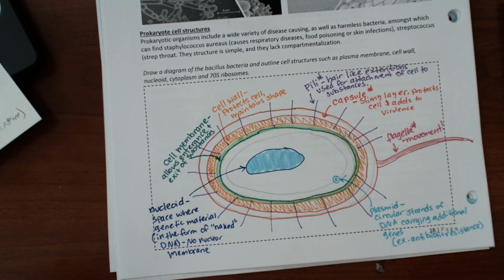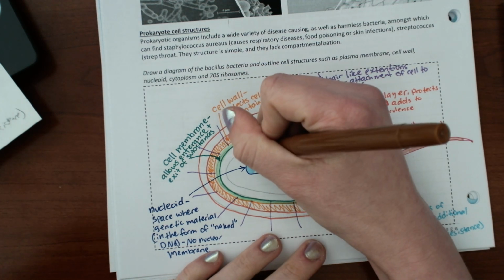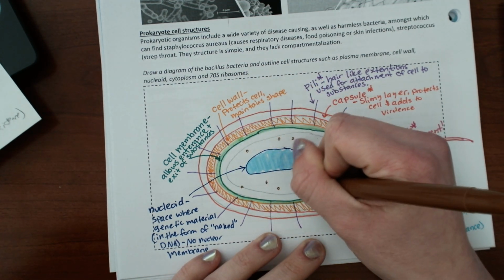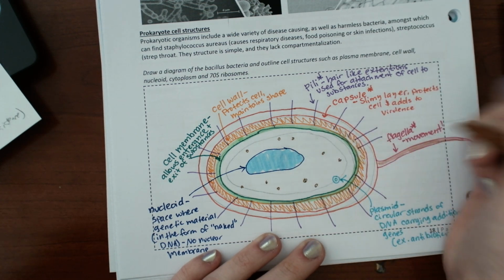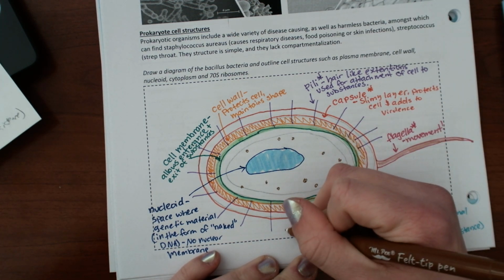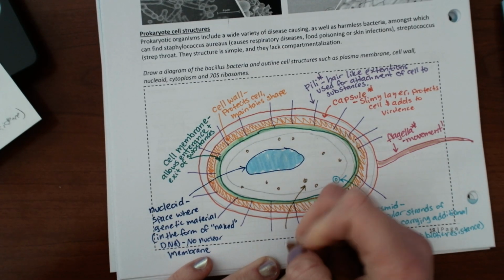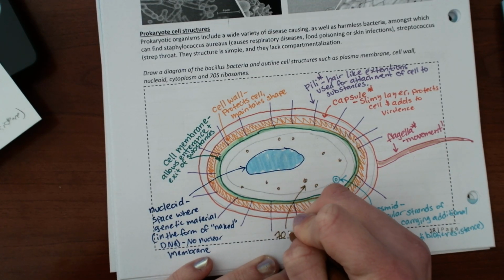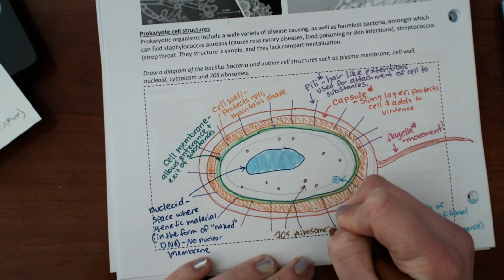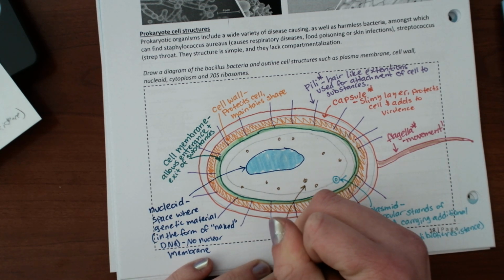And then last up, your ribosomes. I'm going to really regret these color choices because I was going to try to keep them consistent. Okay, we'll write it down here. So these are your 70S ribosomes. They're just protein-producing structures.